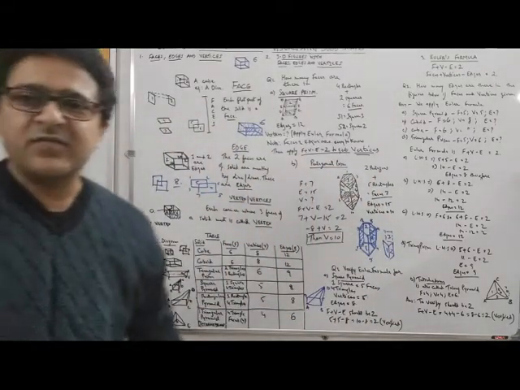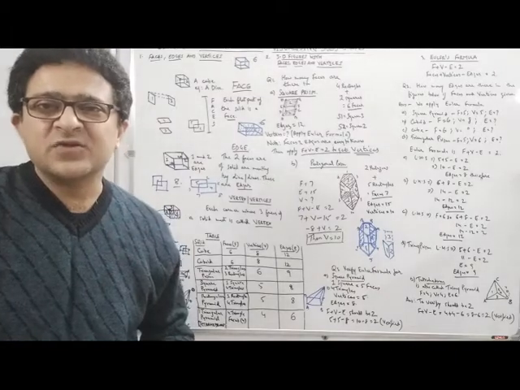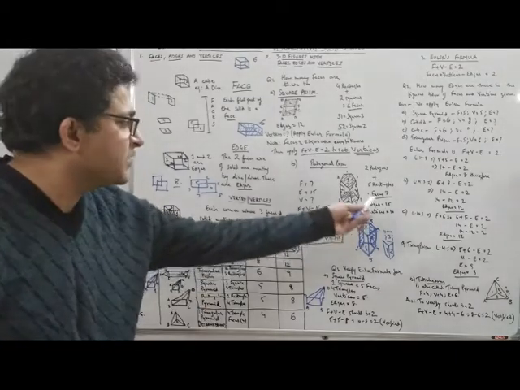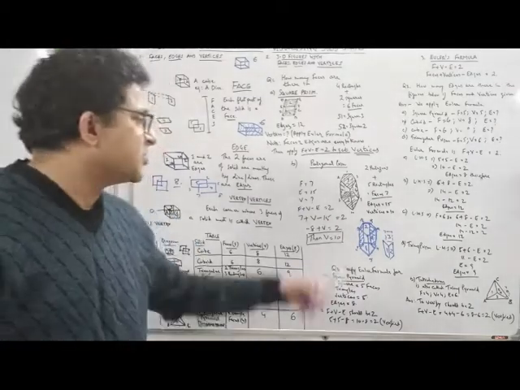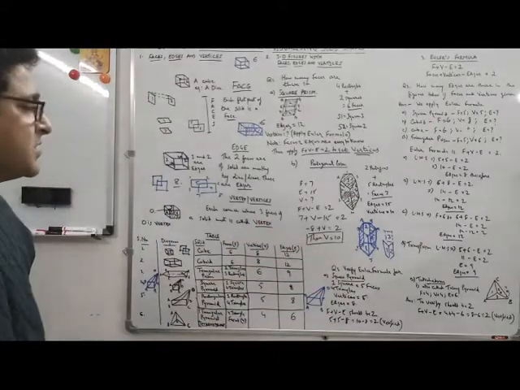Just making the figure, and without edges you can't connect the faces. Two faces cannot be connected. So there are 15 edges, simple. Have I done any rocket science? I have just drawn the figure. And vertices are like the major points.